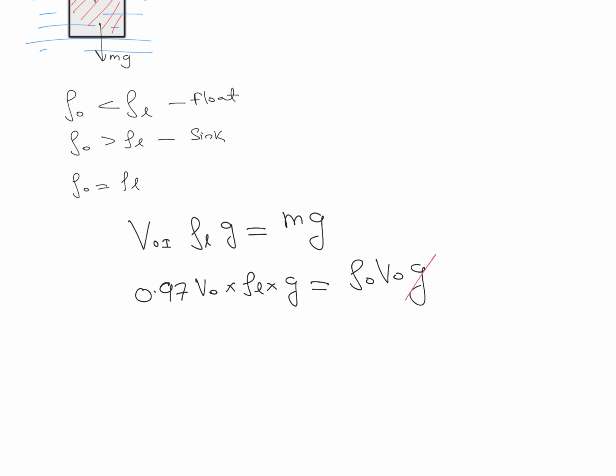So g cancels and the volume of object cancels, and the density of the object is 0.97 times the density of the liquid.